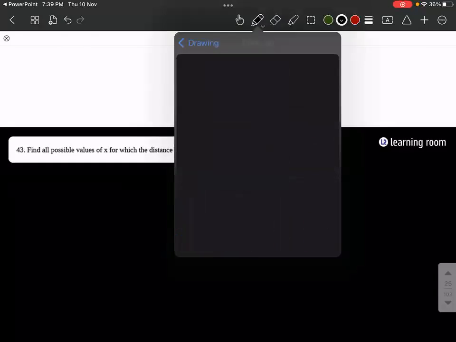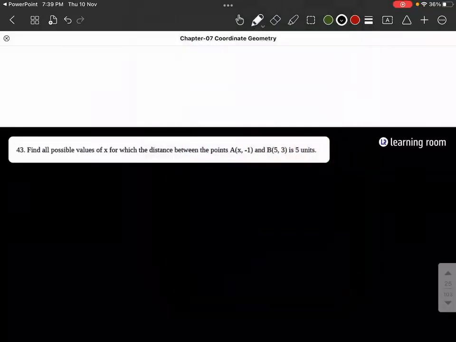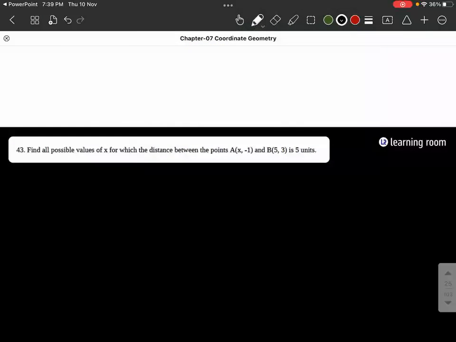So we'll do few more problems that are based on distance formula and section formula, and then we'll go to probability. So 43rd, I want you to try. Find all possible values of x for which the distance between the points is 5 units.